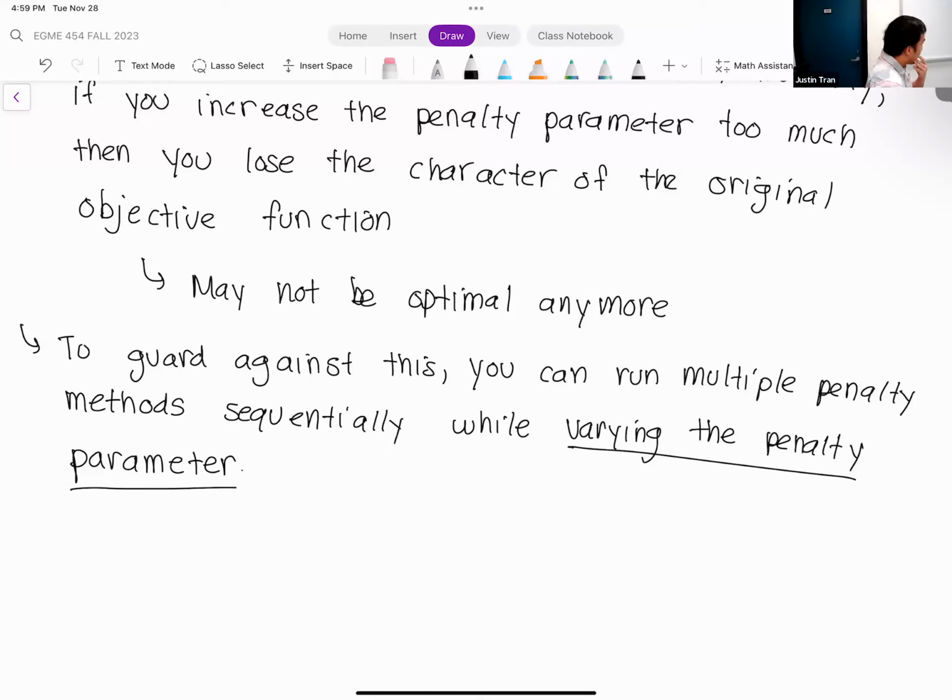For our purposes, just because it's similar to the penalty terms that we had before, we're going to go over exterior methods. Okay. And so in exterior methods, you're going to start with a relatively small value for the penalty parameter and gradually increase it until all your constraints are met.